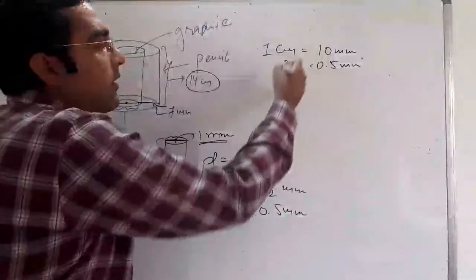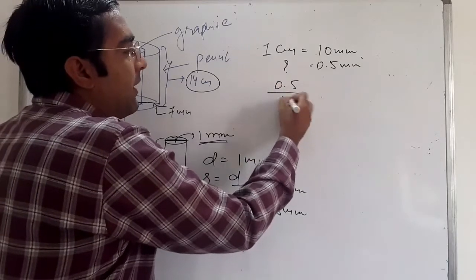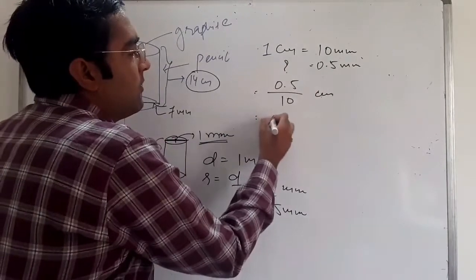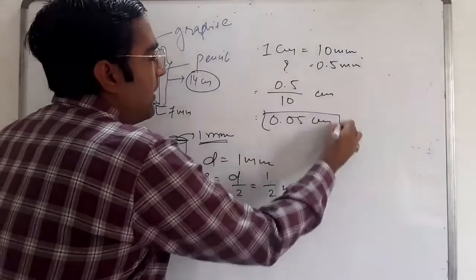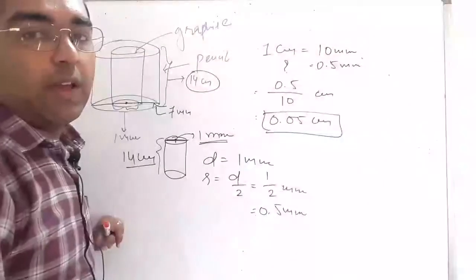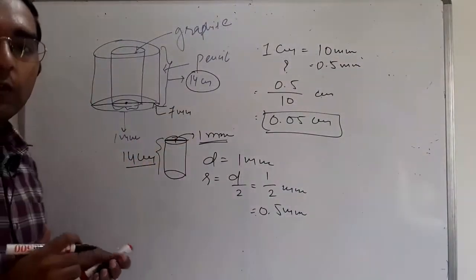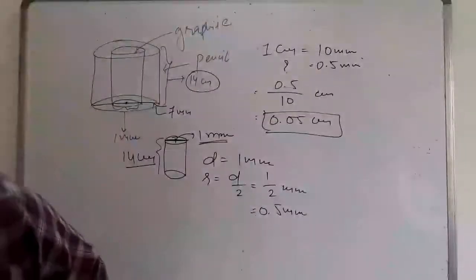So I'll take cross multiplication, 0.5 divided by 10 centimeter, therefore 0.05 centimeter. So I'll rough all these things to calculate the volume of the graphite cylinder.